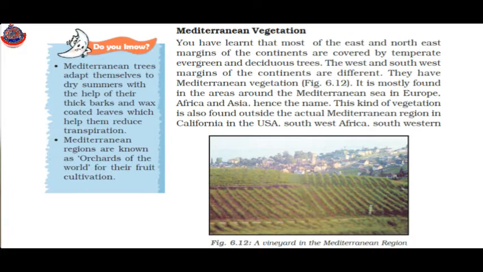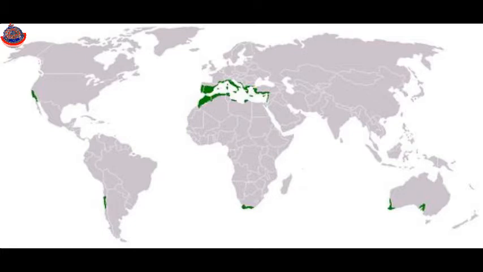This kind of vegetation is also found outside the actual Mediterranean region in California in the USA, Southwest Africa, Southwestern South America and Southwest Australia. These regions are marked by hot, dry summers and mild, rainy winters.